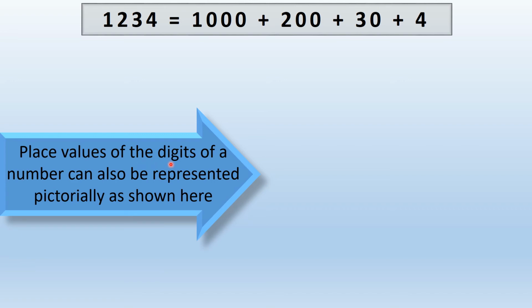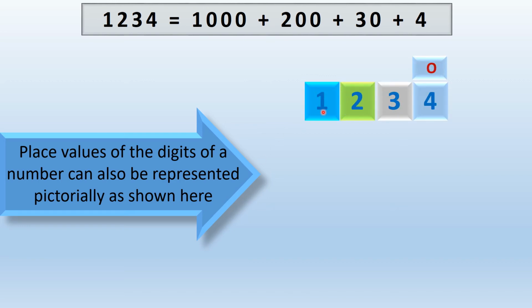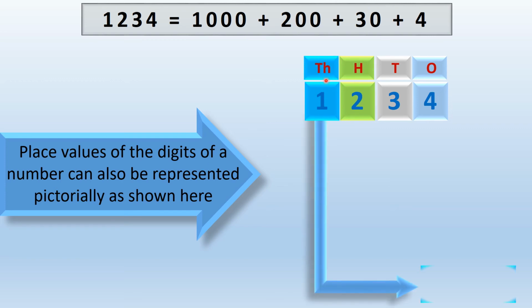Place values of the digits of a number can also be represented pictorially as shown here. The place values can be represented in terms of a picture. Let us see how it is represented. The given number is written here, 1234. Here 4 is in ones place, 3 is in tens place, 2 is in hundreds place, and 1 is in thousands place.